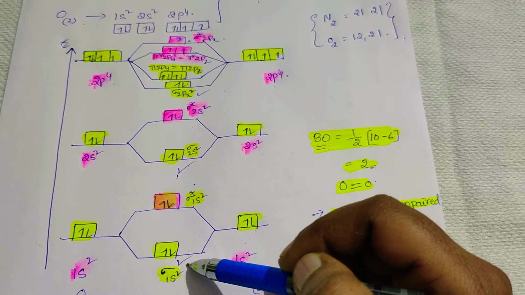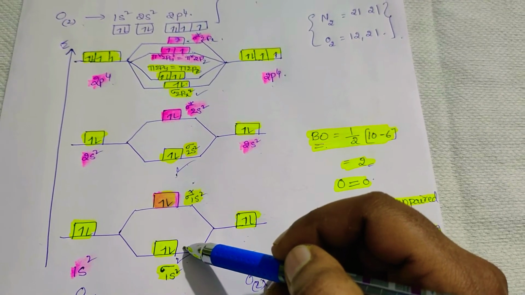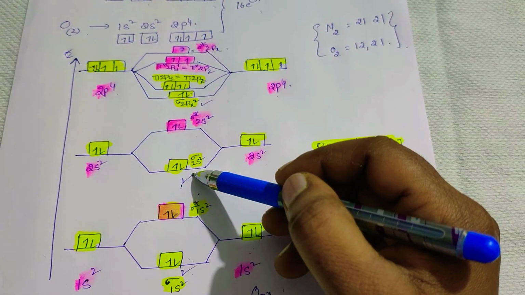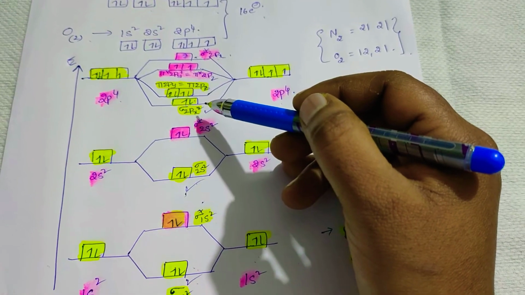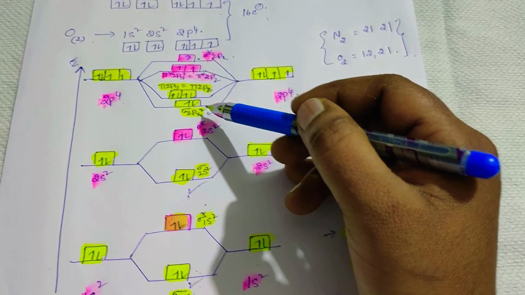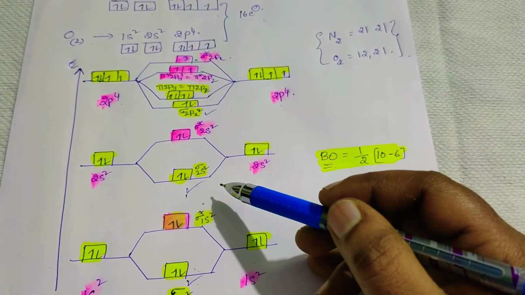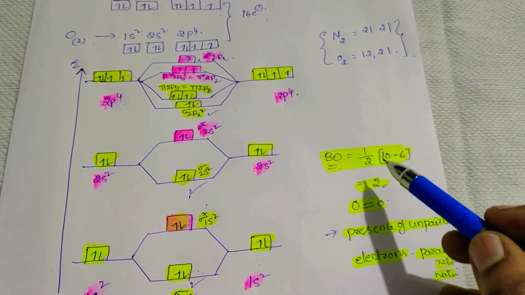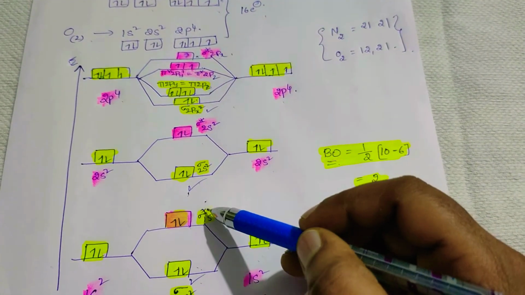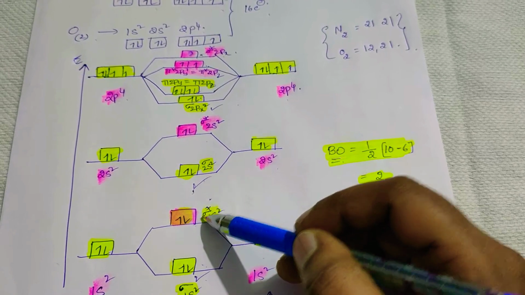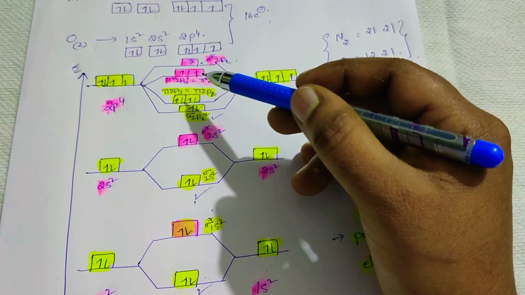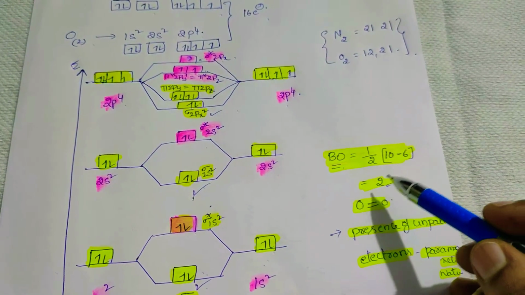The bonding molecular orbital electrons are 2, 2, 4 electrons, and here 6 electrons. So the number of bonding electrons is 10. And the anti-bonding electrons are 2, 2, and here 2 electrons.